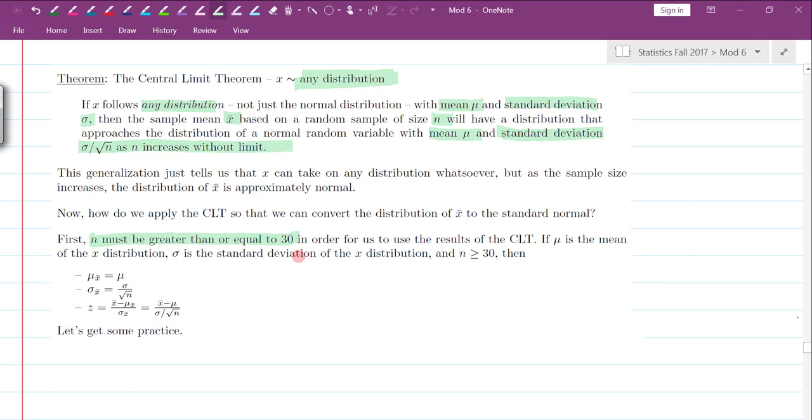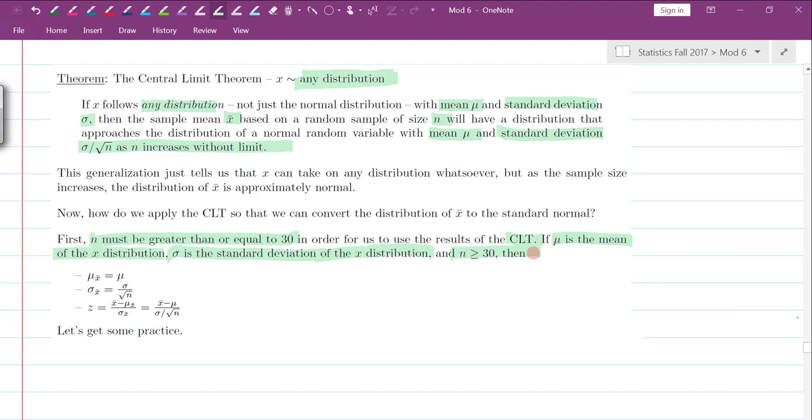And that's all because of the central limit theorem. But again, mu is the mean of the distribution, sigma is the standard deviation of the x distribution, and n must be greater than or equal to 30, okay, for us to be able to apply the central limit theorem.